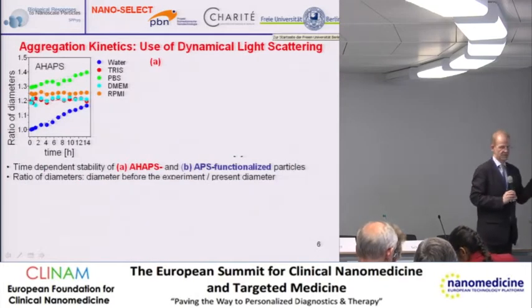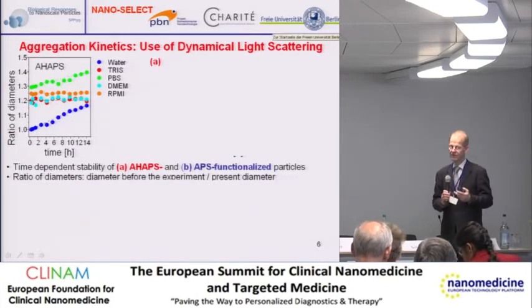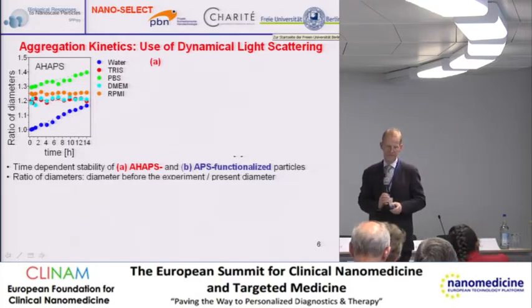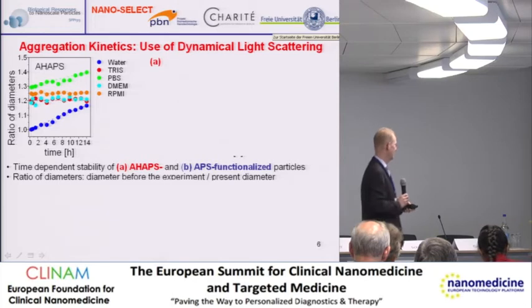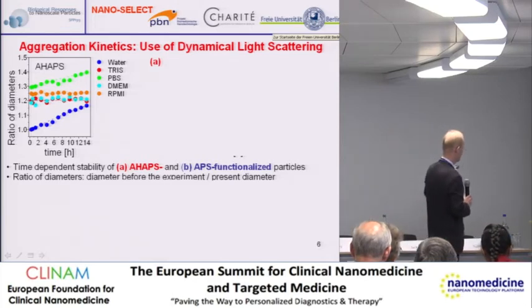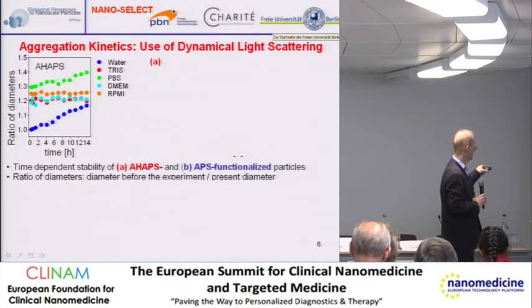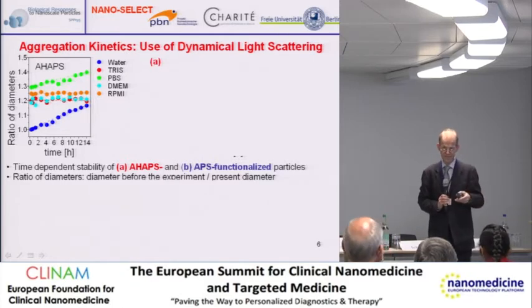And just to give you a flavor how the different ligands, they have all positive zeta potential, these amine functionalized particles, they tend to be either stable in water or in cell media, or they tend to aggregate.